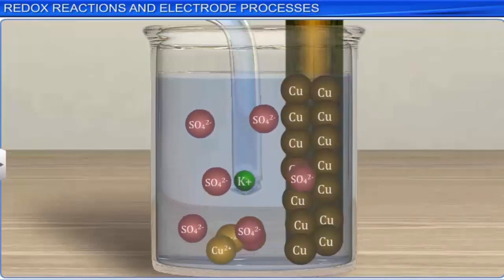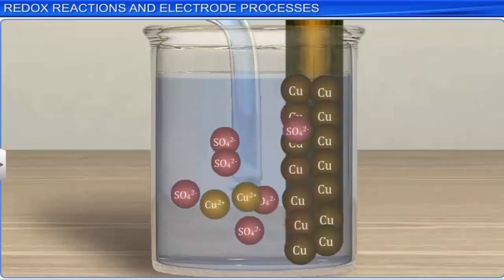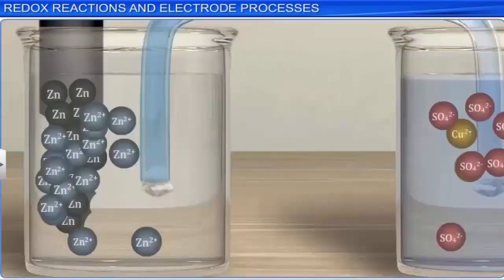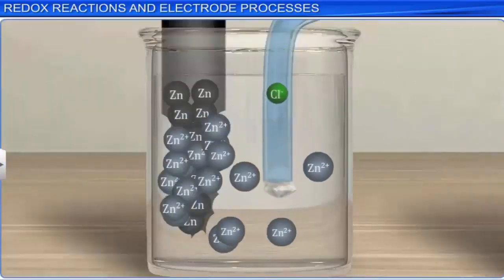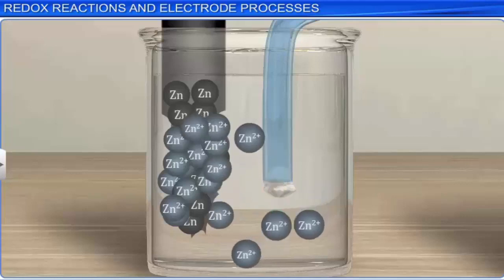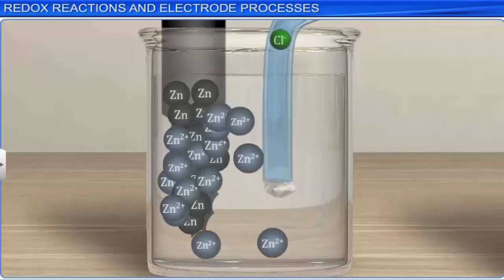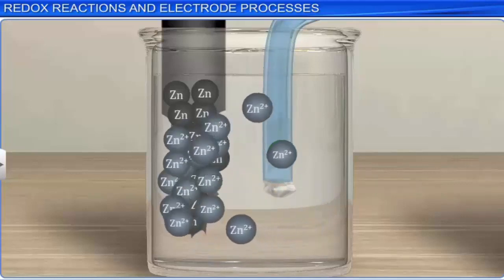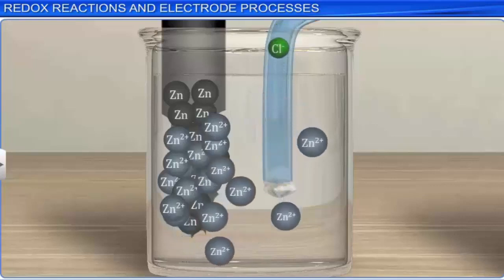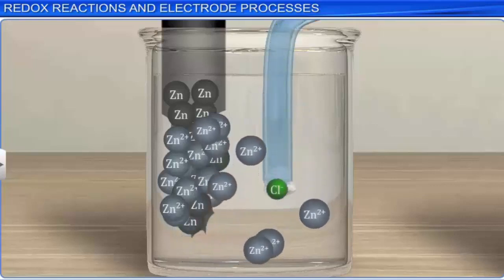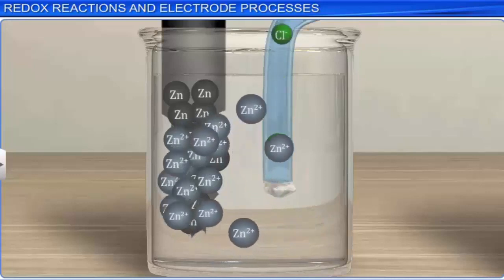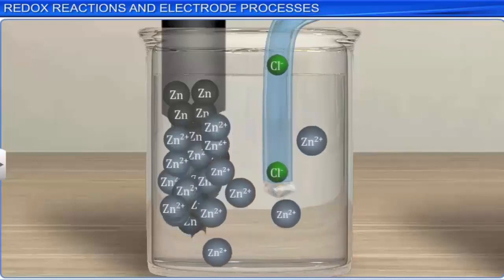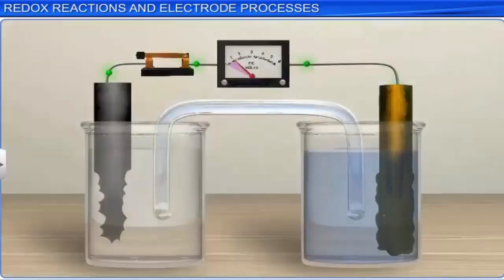On the other hand, the negative chloride ions move from the salt bridge into the zinc solution and neutralize the positive charge. Thus, the reaction goes on continuously till the solutions get exhausted. The reaction stops when either the zinc rod or the copper ions are depleted.